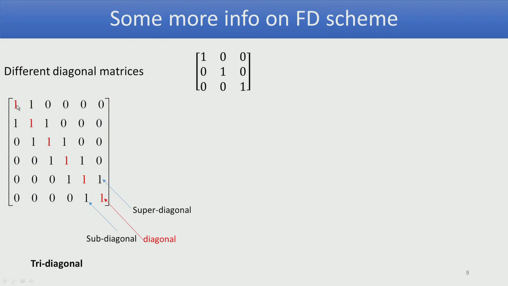In it, there is a value along the main diagonal, shown in red, then immediately parallel to that is the super diagonal, and you have values along that. Similarly, immediately below there is a diagonal called the subdiagonal and you have values along that. All other elements in this matrix are 0; such a matrix is called a tridiagonal matrix.